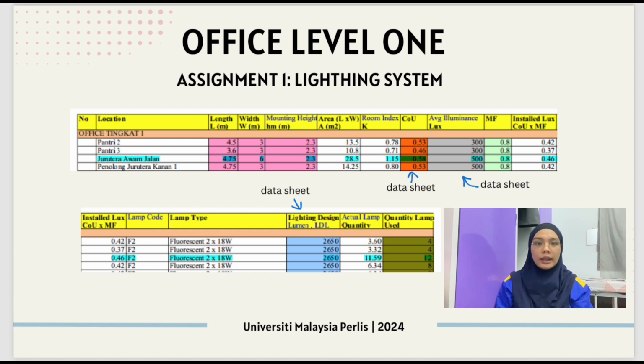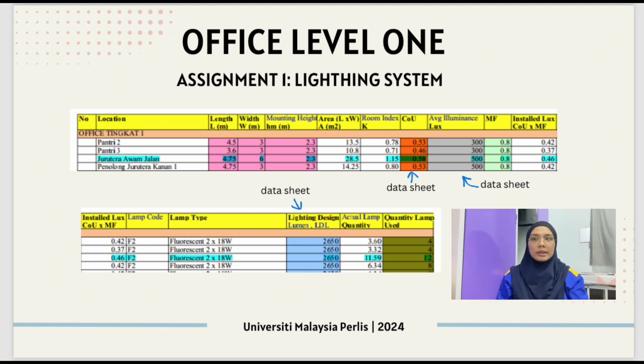For length and width, we measure each room at the first floor. For mounting height, we assume the height of the office is 3 meters, minus 0.7 because the desk height for office is 0.7 and for industry is 0.85 meter.